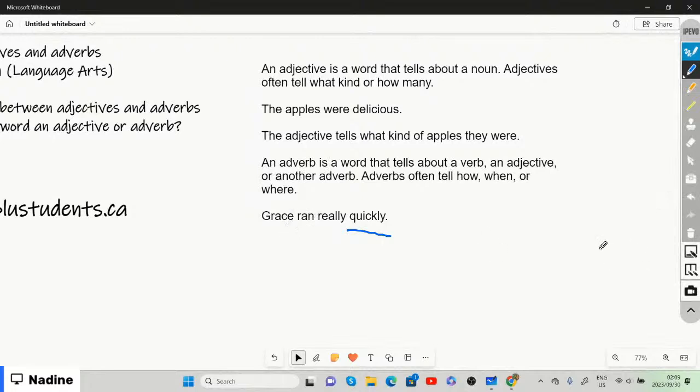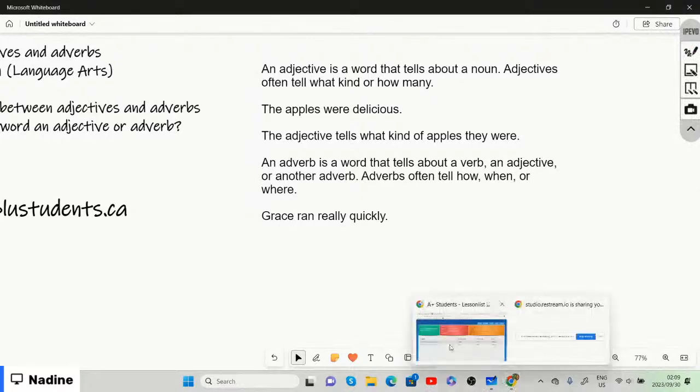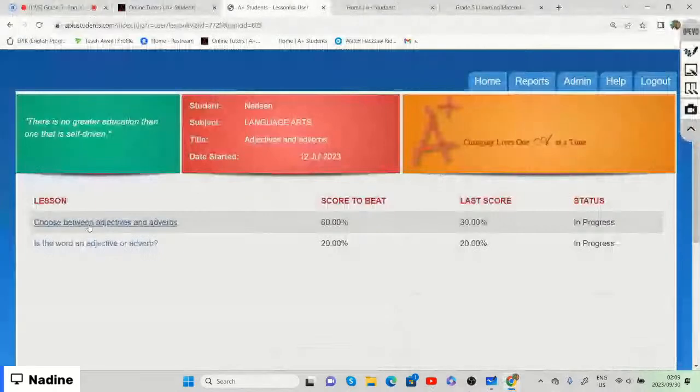All right, so now we're going to aplusstudents.ca, Choose Between Adjectives and Adverbs.